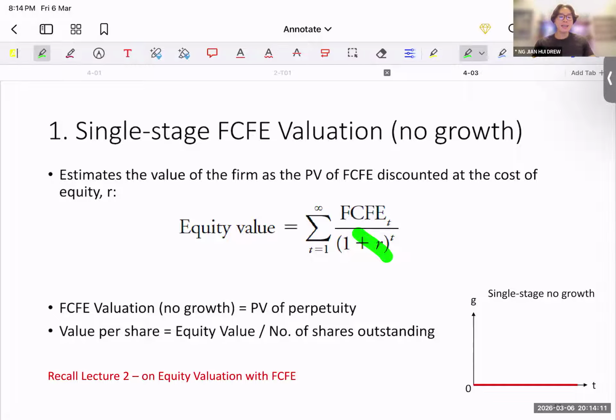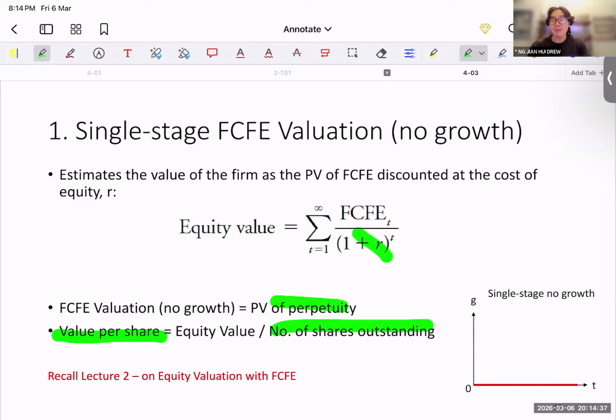Okay, so let's talk about the no growth stage. In the no growth FCFE, since growth is zero, we're going to use the present value of perpetuity. Now, for FCFE, because you immediately calculate your equity value, you can determine your value per share immediately by just dividing by the number of shares outstanding.